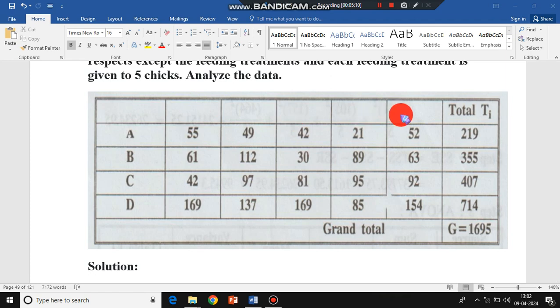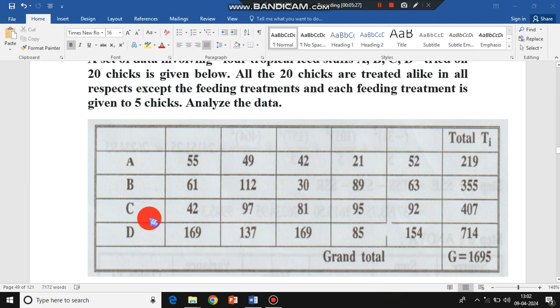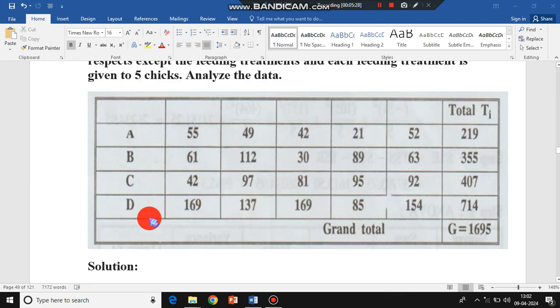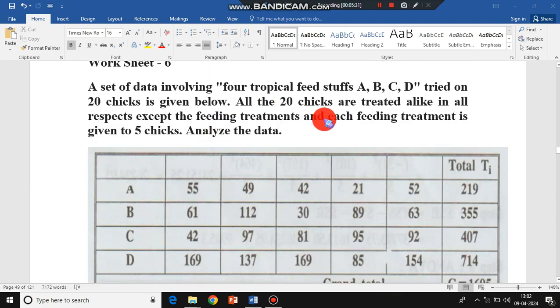That is, homogeneity exists between these treatments, whereas no homogeneity exists between these foodstuffs. That's our understanding here. So thus we have taken the decision on this RBD, randomized block design problem.